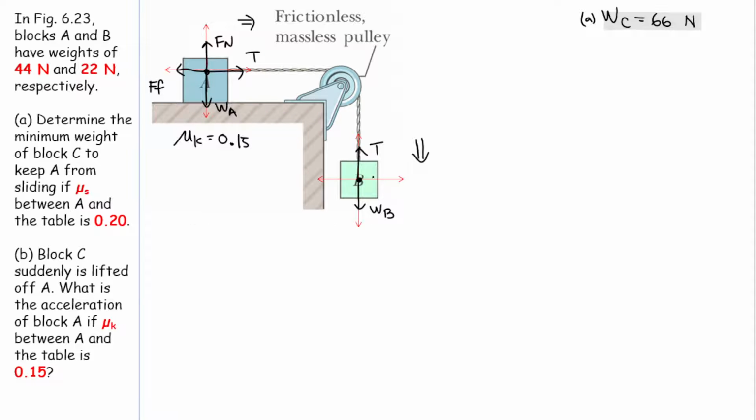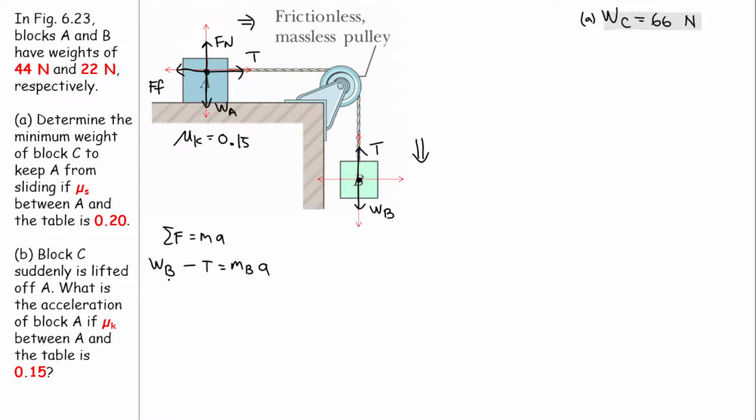So we can start at block B, and I want the direction of the movement as the positive side. So sigma F is equal to the mass times acceleration. We'll have WB, the weight of B, minus T, equal to the mass of B times acceleration.